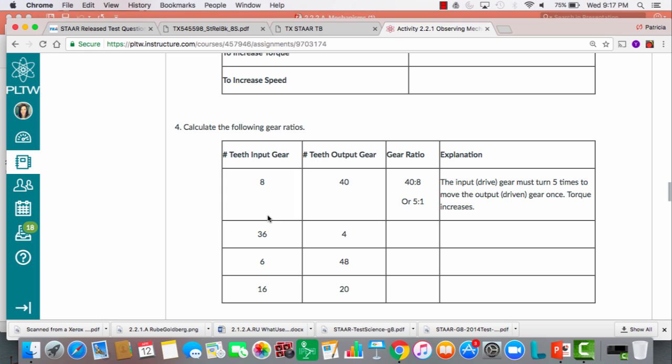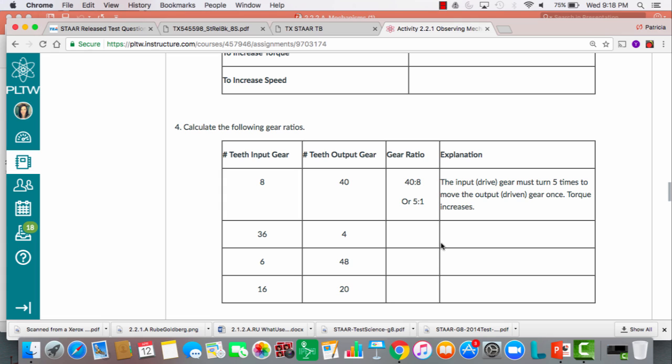Okay? And so then the next one, I'll do this one with you, and then I'm going to let you go and do the rest of the sheet on your own. If we wanted to do the ratio of an input gear with 36 teeth and an output with 4, that would be a 4-to-36 ratio. Of course, it can be reduced even more to a 1-to-9 ratio. So what does that explanation look like?